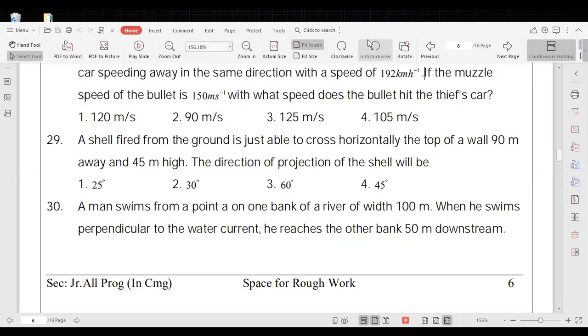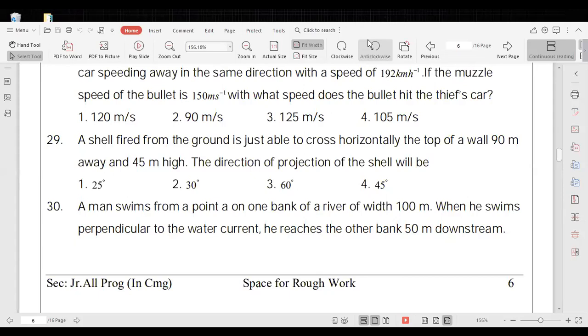Now, the shell fired from the gun is just able to cross horizontally the top of the wall. So whenever the shell is fired here, it travels along the parabolic path, and while crossing the top of the wall, its motion is horizontal. That means the top of the wall is definitely the highest point of the projectile, because while crossing the top of the wall, the direction of motion of the shell is horizontal.